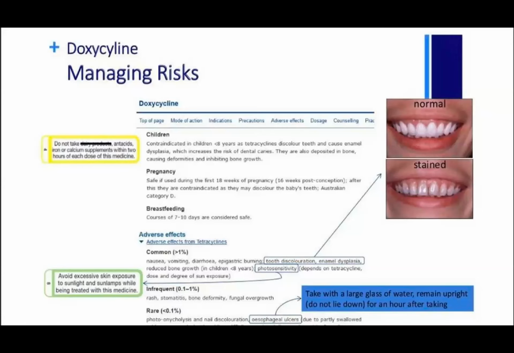And also, doxycycline can cause tooth discoloration, especially for children less than eight years. It can be used in pregnancy during the first 18 weeks of pregnancy.